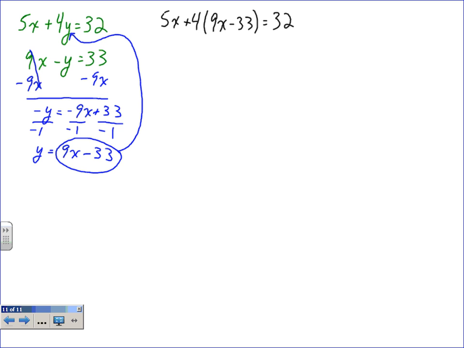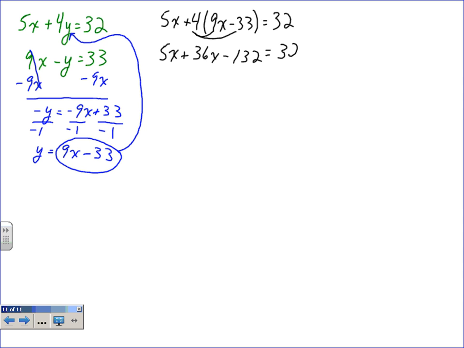All right, well, let's do the work here. We'll distribute. 4 times 9 is 36, and 4 times negative 33 is negative 132.